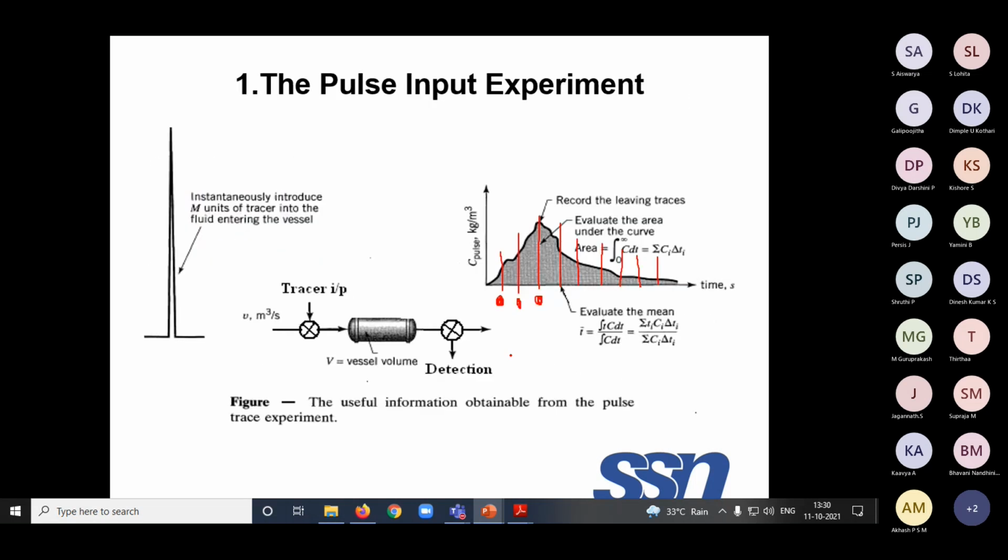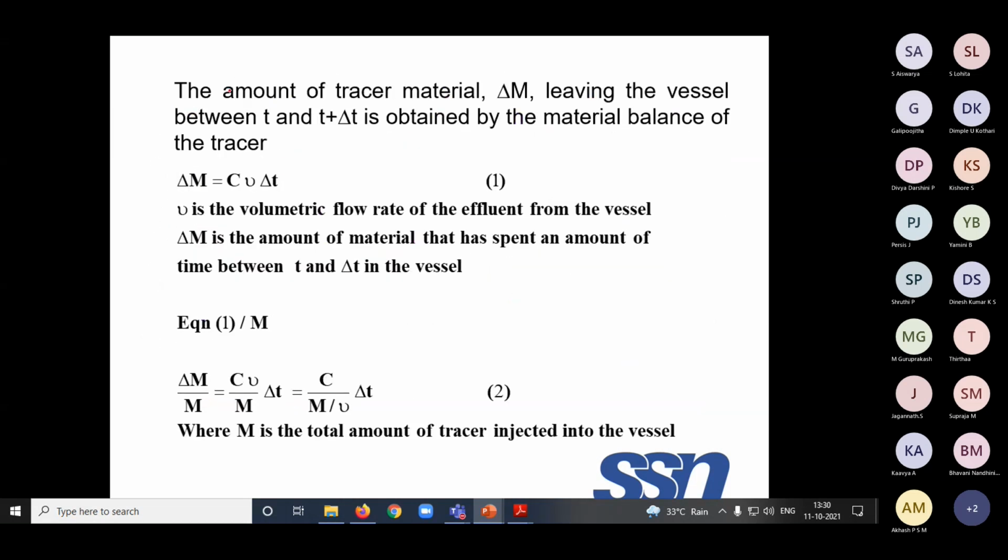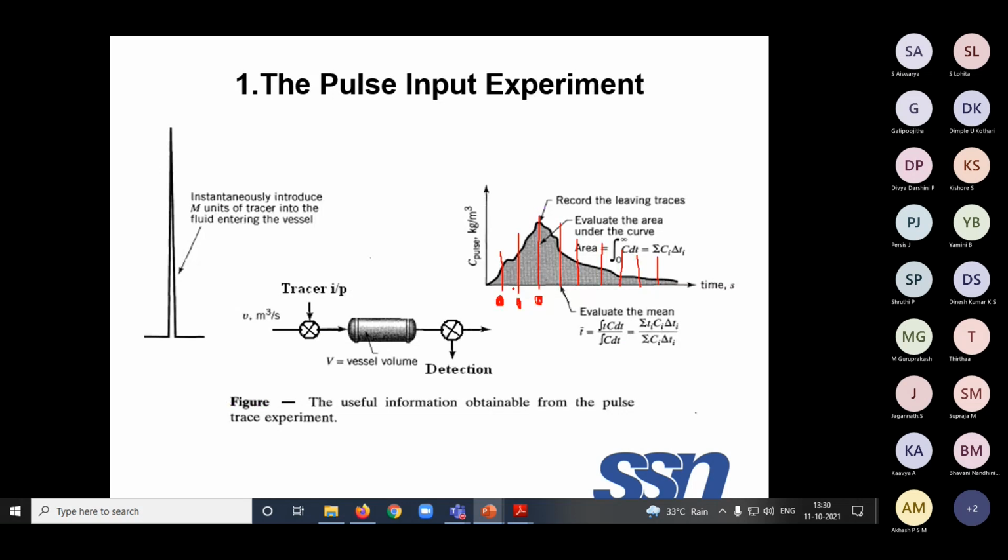So now listen to this. The amount of tracer material, that is delta M, leaving the vessel between T and T plus delta T is obtained by material balance. Now what does that mean? I want to calculate how much is coming out here. I know what this T is, and delta T, that is, how much the gap is, I know.